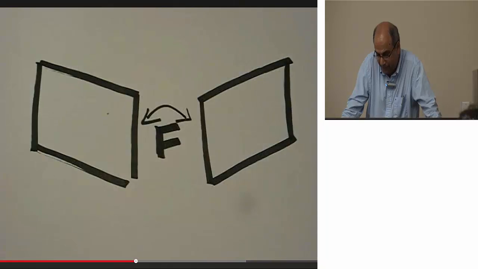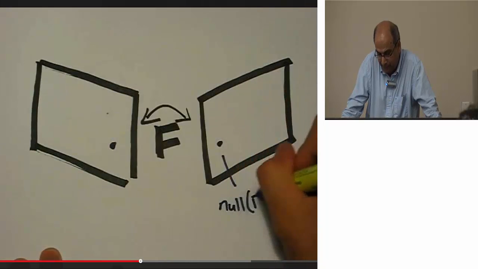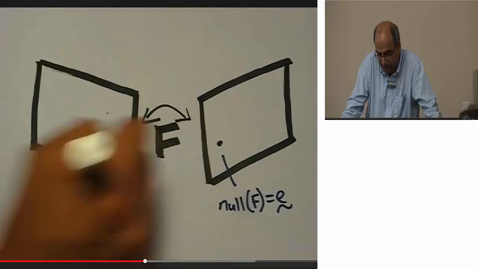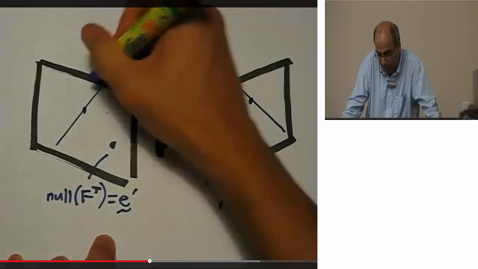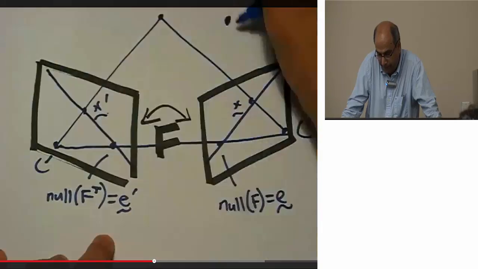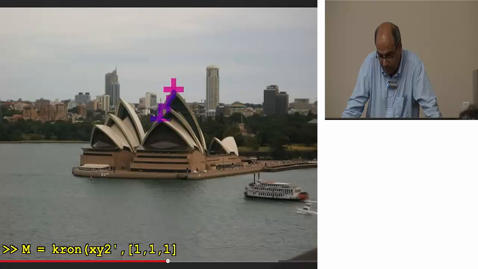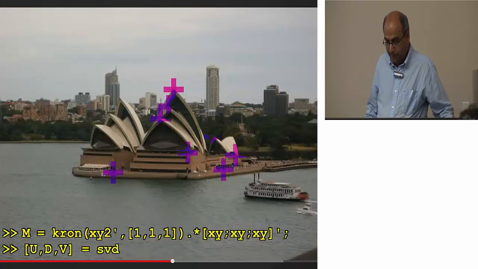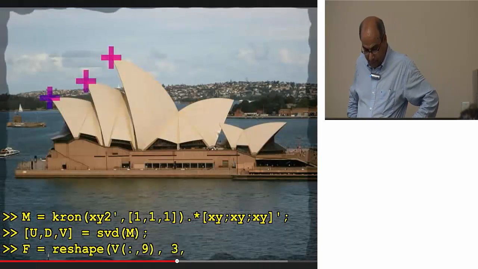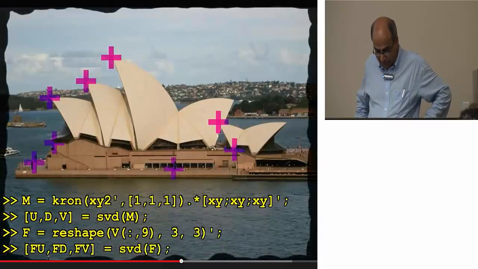The left and right null spaces of F are the epipoles e prime and e. All of the epipolar lines should pass through these. Is a linear estimation example. Construct a matrix, take the SVD and the elements of F in the last column of V.